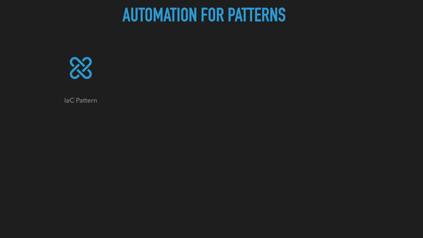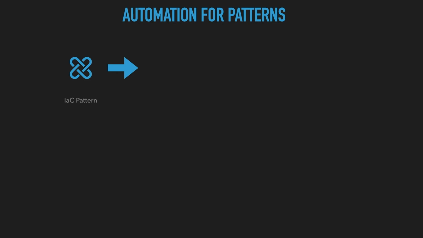So we come up with some IaC pattern that describes some small piece of infrastructure. What we have done: copy pasting this code from one folder to another and changing the variables is not really something humans need to do.